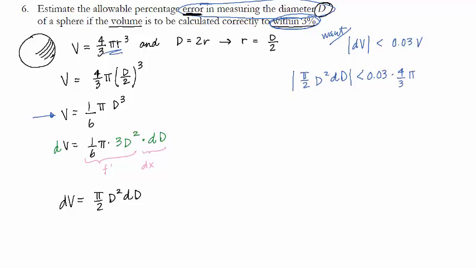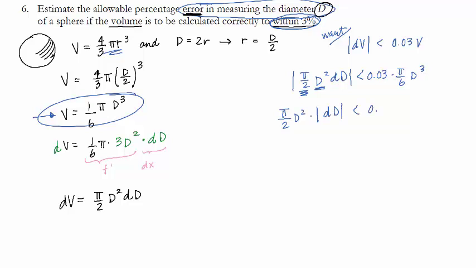Not 4/3 pi r cubed, but this guy, pi over 6 times the diameter cubed. Okay, so d squared is always positive, pi and 2 also always positive, they bust right out of the absolute value. Pi over 2 d squared times the absolute value of the change in diameter is less than 0.03 pi over 6 times d cubed.